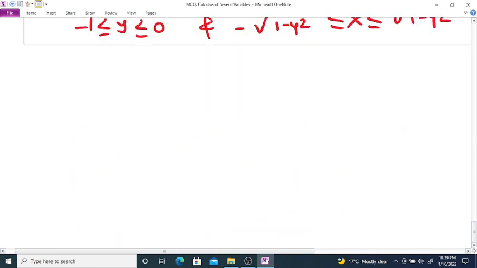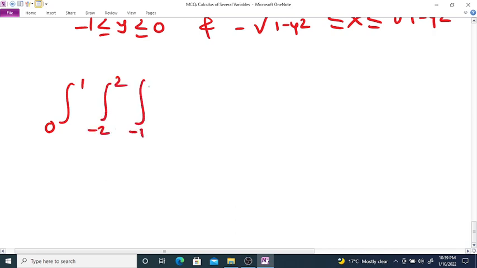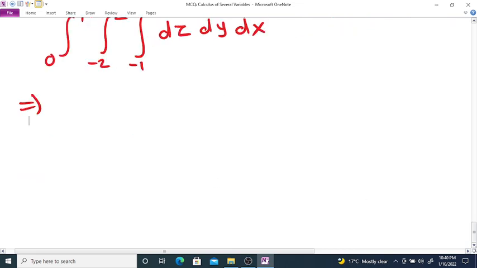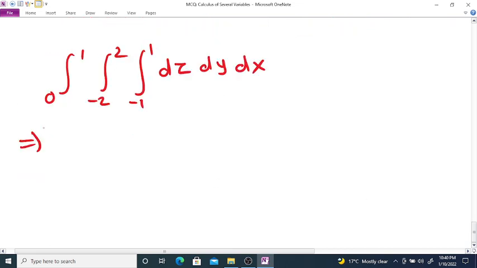Now next, evaluate the triple integration from 0 to 1, minus 2 to 2, minus 1 to 1, dz dy dx. Here the limits of z, y and x are all constant.